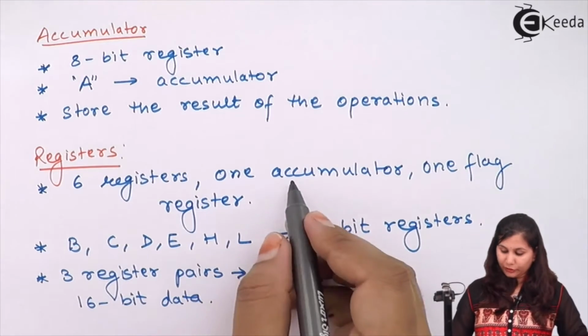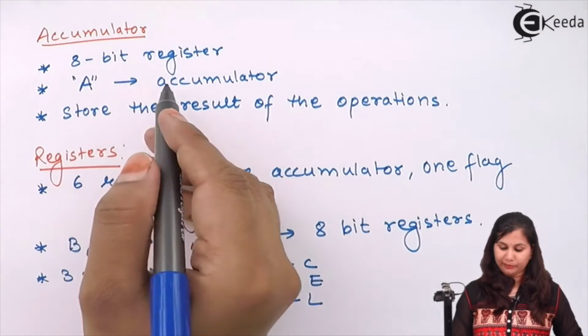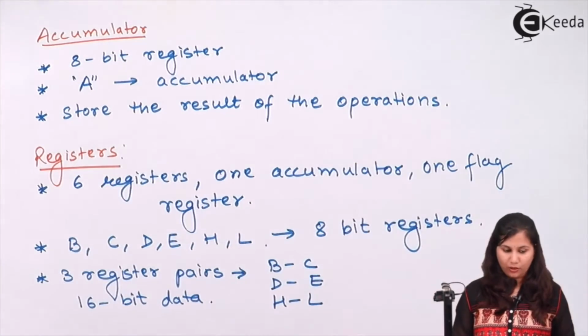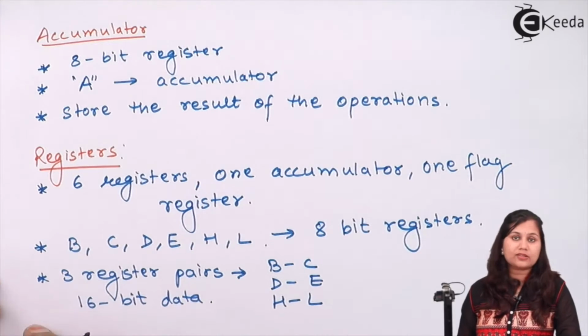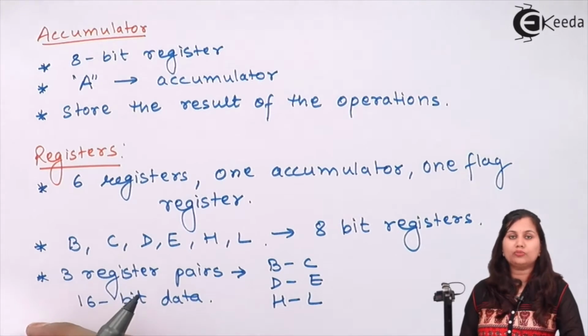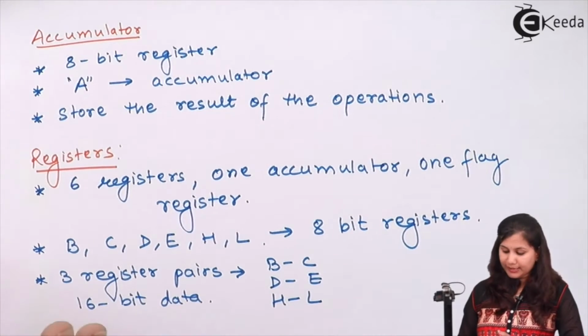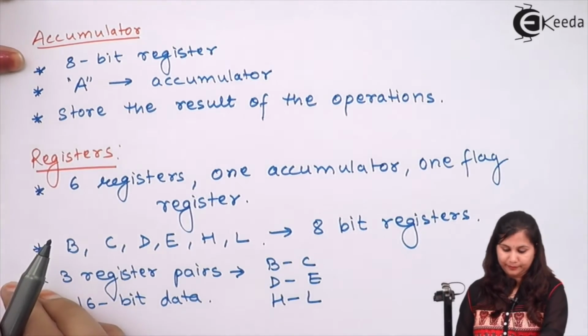Now we have the accumulator. We have already studied that it is an 8-bit register which is used to store the result of the operations. The programmer can use these registers to copy, move or store the data, and using these registers, the microprocessor performs the various operations.